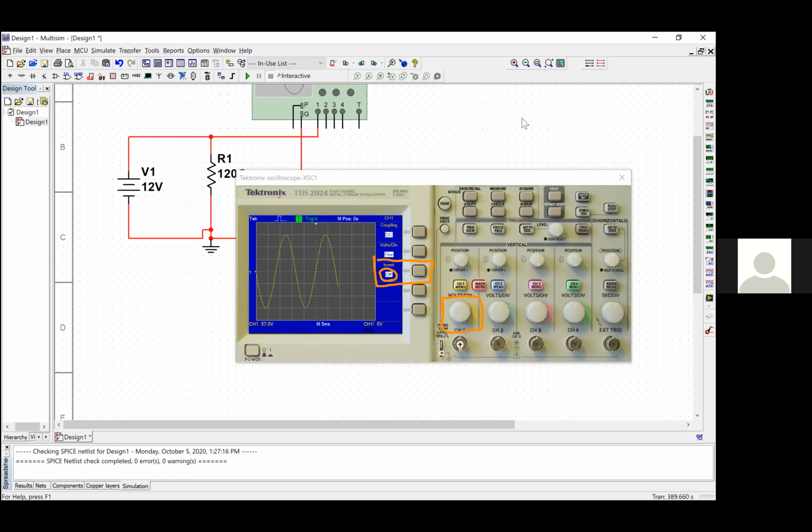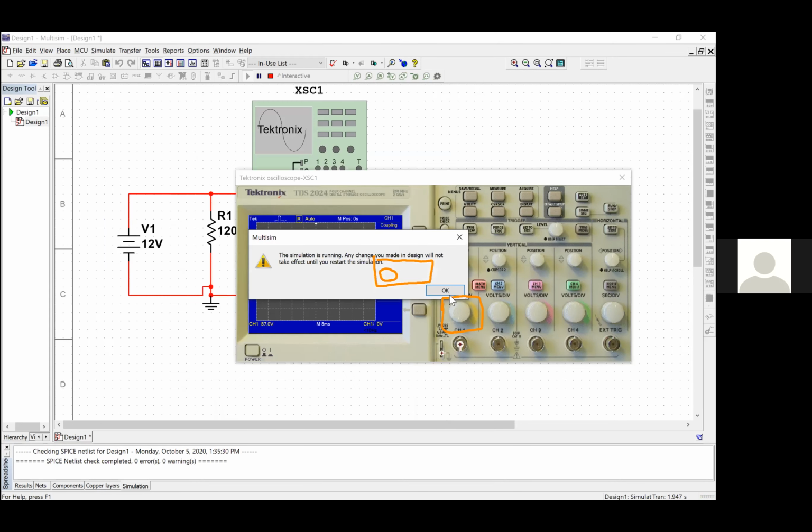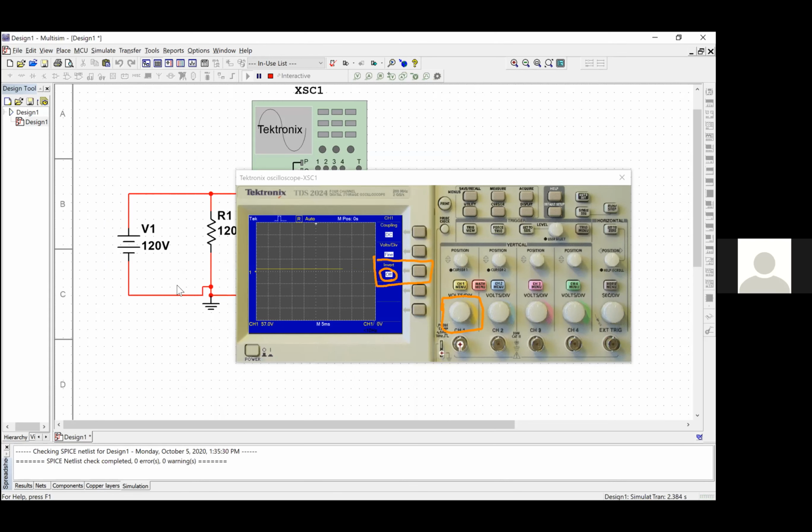let me increase this value a little bit more so you can see it better, 220 maybe. Okay, so we got 120 volts. Again, if we go back, I want to make sure that we are measuring from the right position.